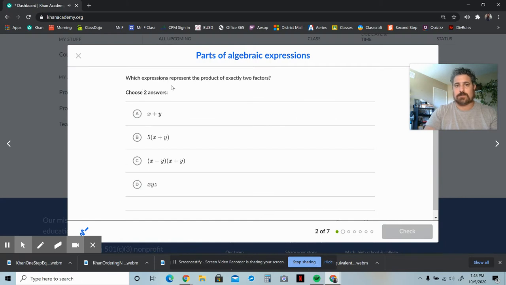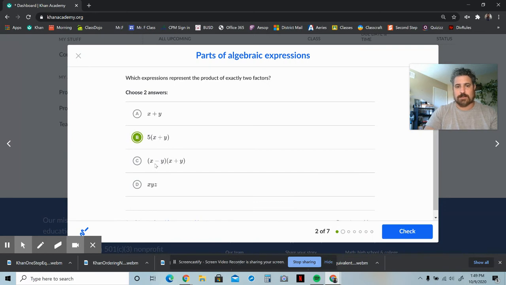The next one says, which expression represents the product of exactly two factors? So you're looking at two things that are being multiplied together. There's no addition or subtraction outside of parentheses. Well, that's the sum. That's a product. And that one has two factors, 5 and the quantity of x plus y.